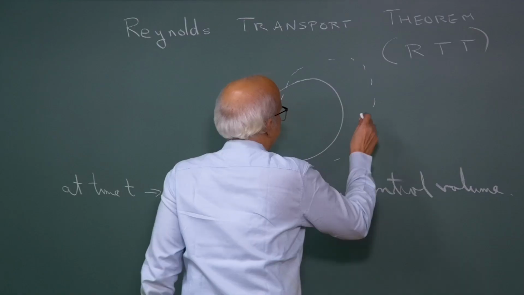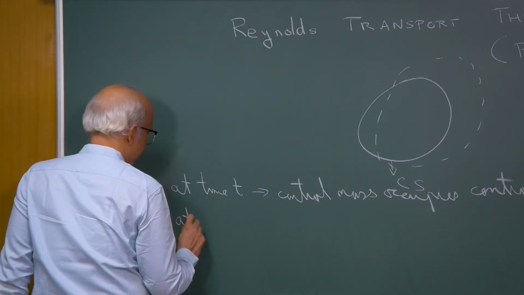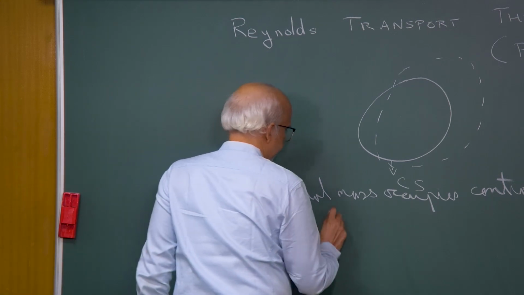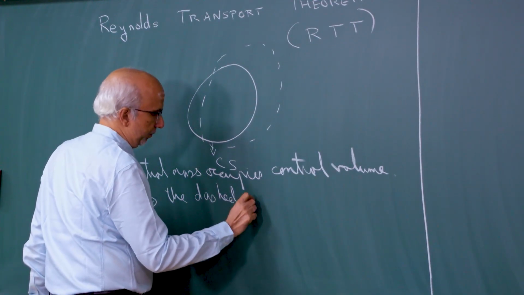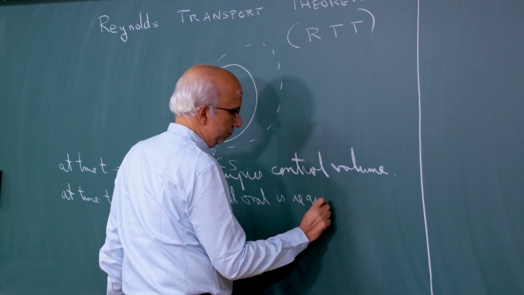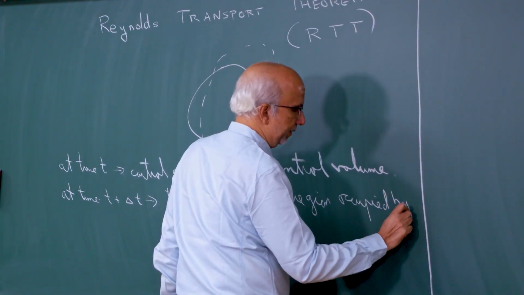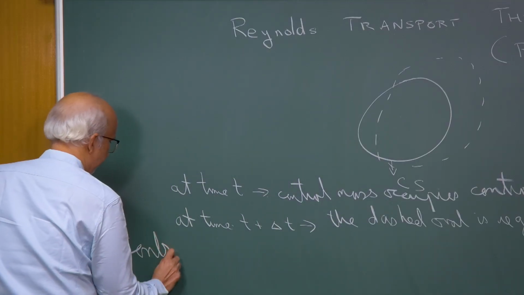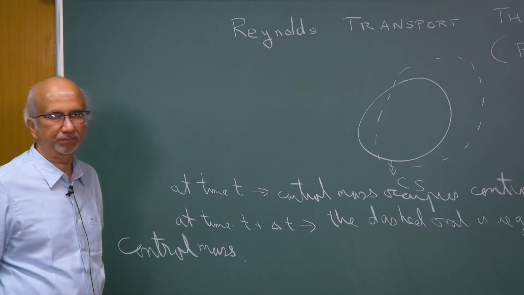So, this is the dashed oval at time t plus delta t, the dashed oval is the region occupied by the control mass, okay.